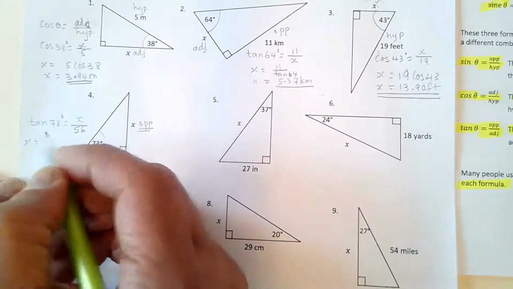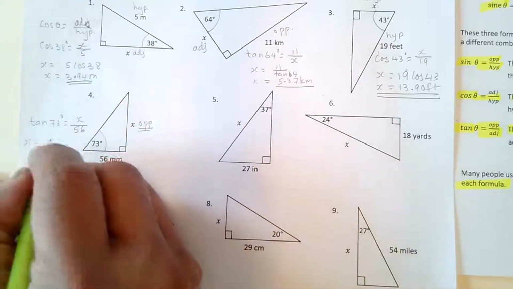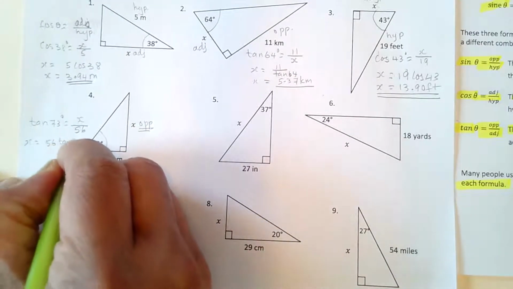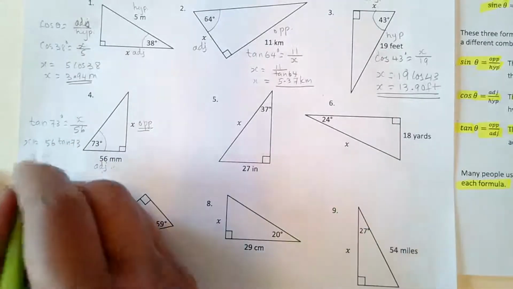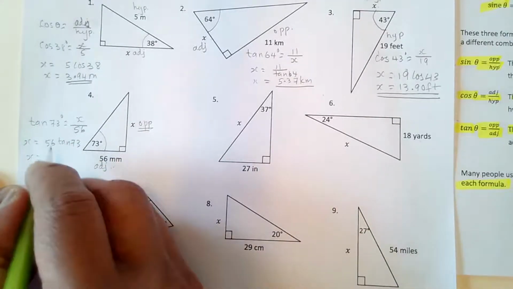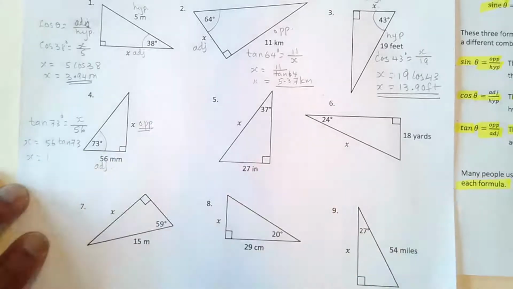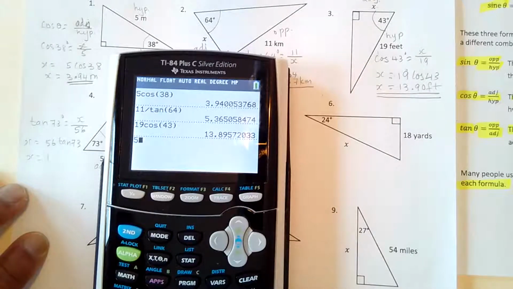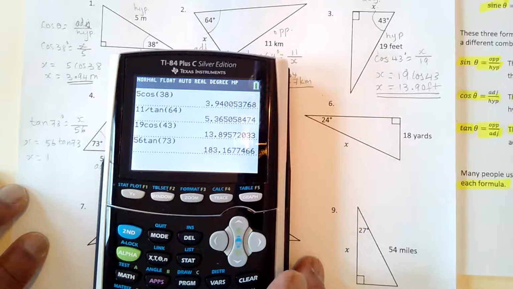So x is equal to 56 tan 73. Let's go to my calculator here. So 56 tan 73 gives 183.17.